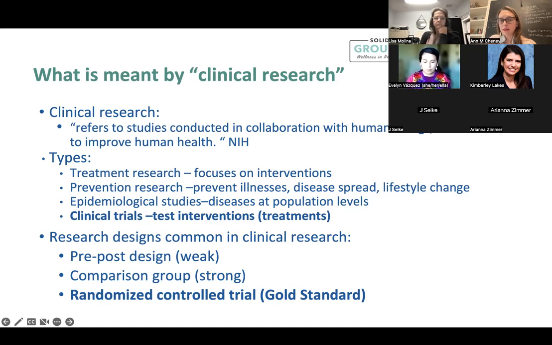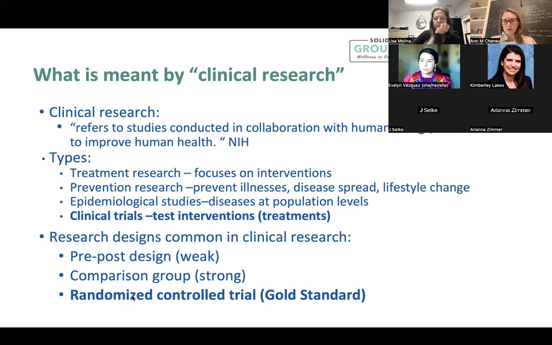I will add, randomized controlled trial is considered the gold standard because you are randomizing. You are placing at random participants in your study into one or more groups. So you might have a randomized controlled trial that has your treatment group and your control group. And so what this means is that in your study design, your participants don't choose to be in one group or the other, they are randomized into one of those two groups.